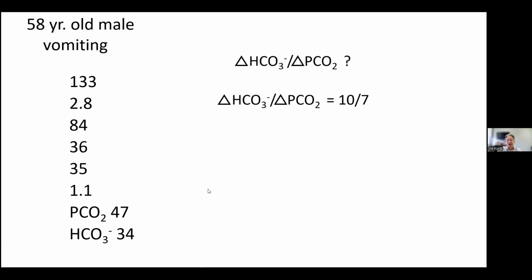And again, just know that that's an assumption, because your PCO2 may not be 40. You may be chronically walking around with a PCO2 of 41 or 42 or 39. There is a standard deviation, and papers have been written on this where people have measured blood gases in just normal humans, and not everybody is 40 and 24.